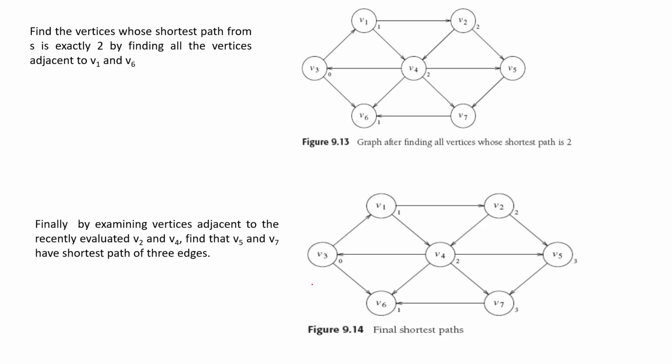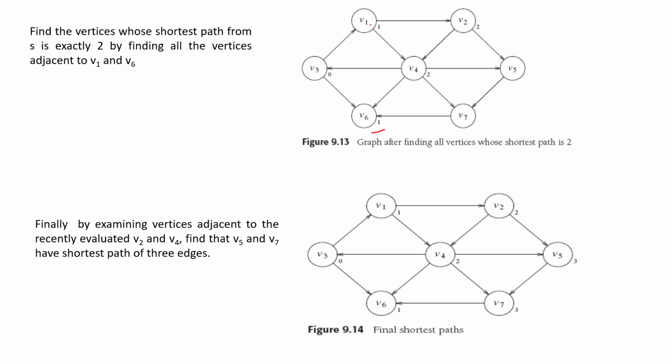Next, we find the vertices whose shortest path from S is 2. After we reach V6, we cannot really go to any other vertex. This is a dead end; we cannot go any further. But what happens at V1?